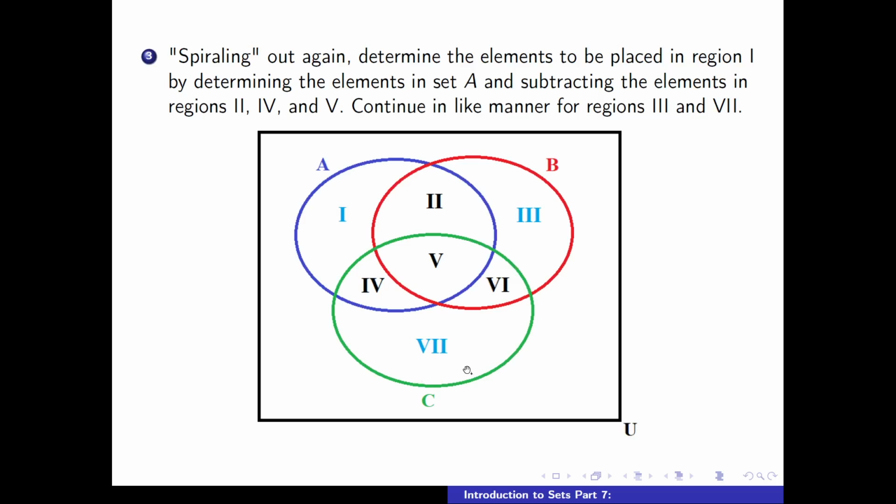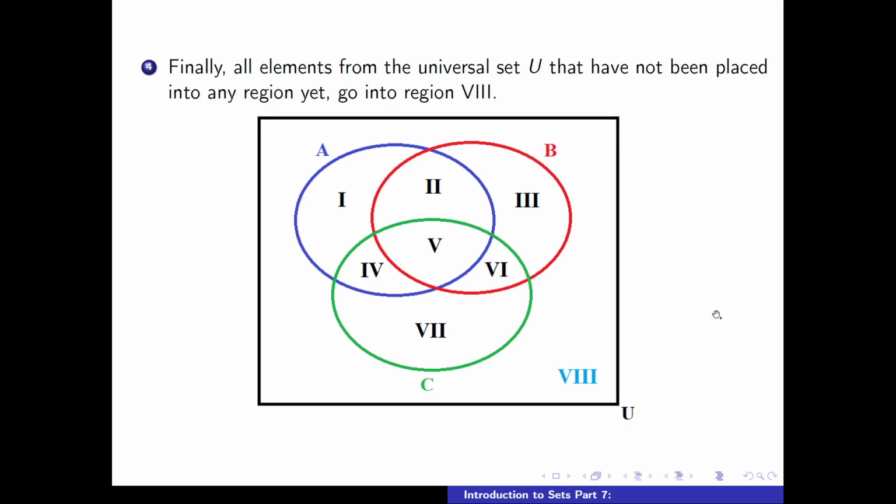And then, of course, in like manner for region 7 here. Now, lastly, all the remaining elements from the universal set that have not already been placed in any of these subset regions, all those go into region 8. And then we'll have our completed Venn diagram after that step.